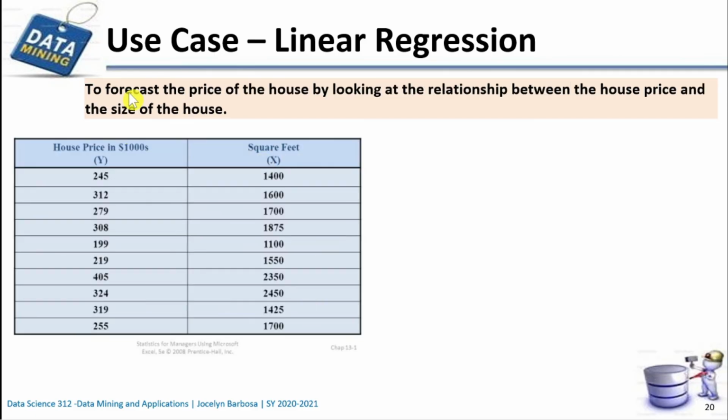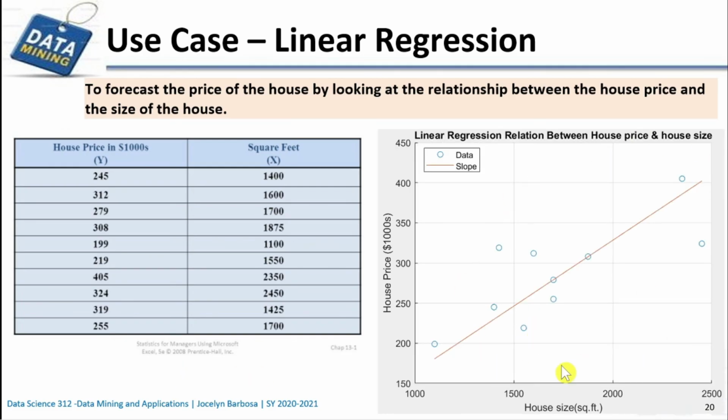Another example is to forecast the price of a house by looking at the relationship between the house price and the size of the house, as we have mentioned earlier, but somehow this is a little bit more realistic. That is based on the statistics of managers using Microsoft. We can come up with a regression line like this. So somehow there is also a positive correlation.